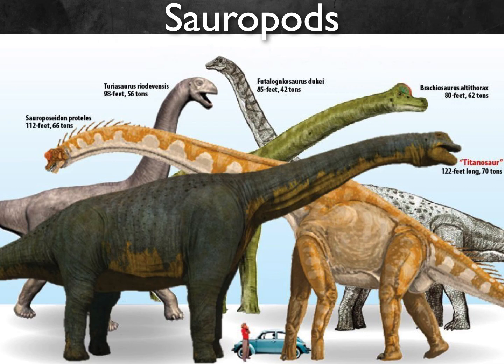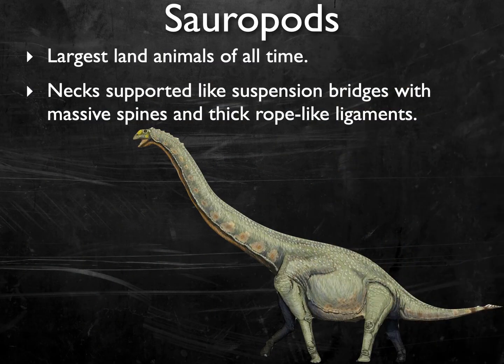They are humongous. They aren't, however, the largest creature of all time. The largest creature of all time would in fact be the blue whale. We'll talk about him here in a second. But sauropods are by far and away the largest animal that has ever lived on land that we know of.